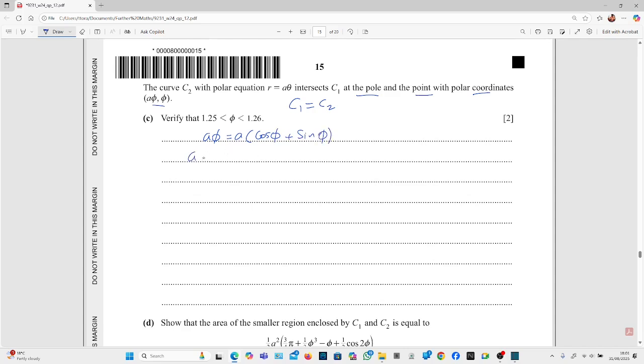I'm going to say a(cos φ + sin φ) - aφ should be equal to f(φ). And now what we're going to do is try and substitute the values in there.